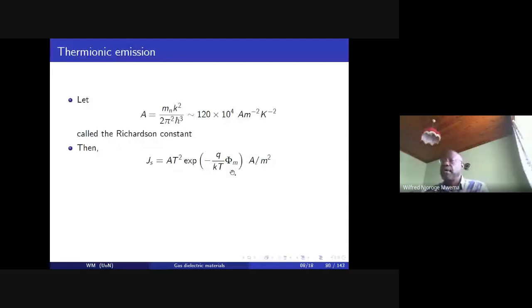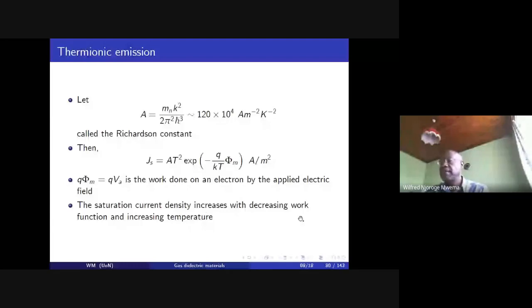Okay, and therefore Q phi m equal to Q VA, where VA is the applied plate voltage between the plates, is then the work done on an electron by the applied electric field and increasing temperature. So if a strong field is applied between the electrodes, the effective work function of the cathode will decrease.